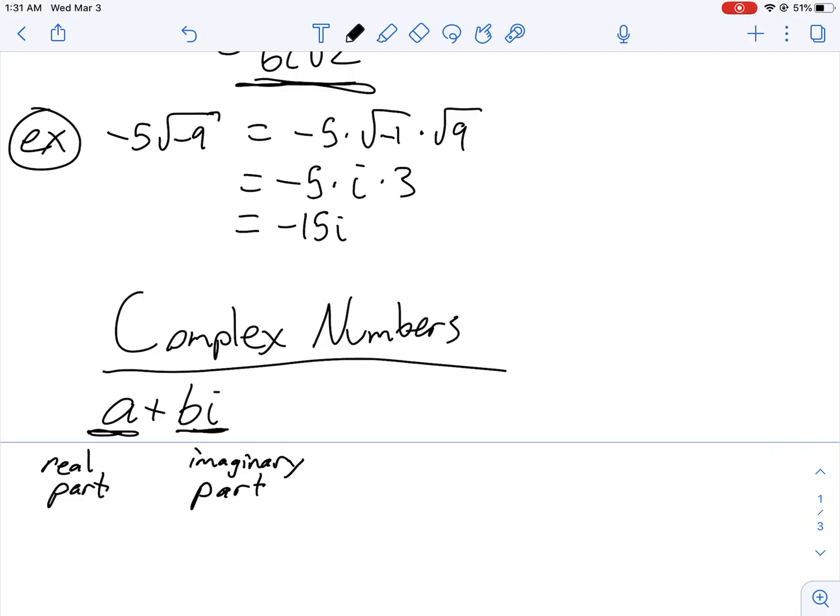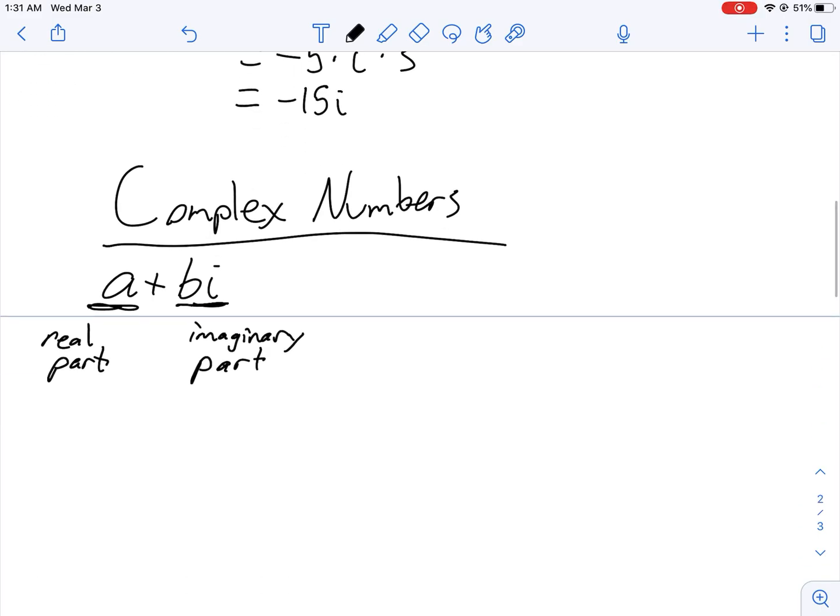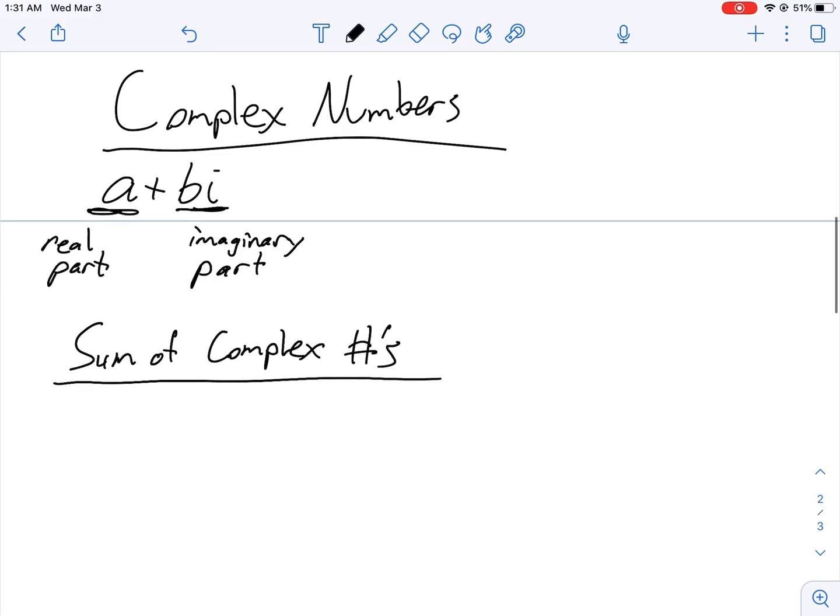It mostly follows all our traditional rules of dealing with variables, though. We kind of treat i like a variable. So if we, for instance, look at the sum of complex numbers.